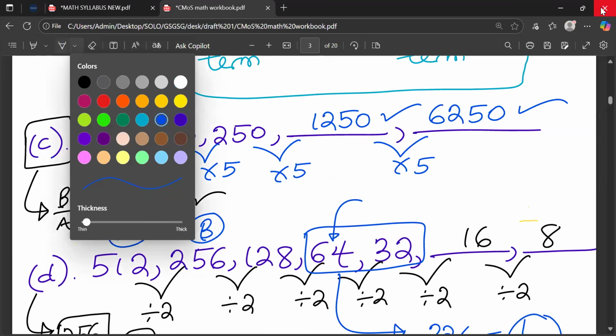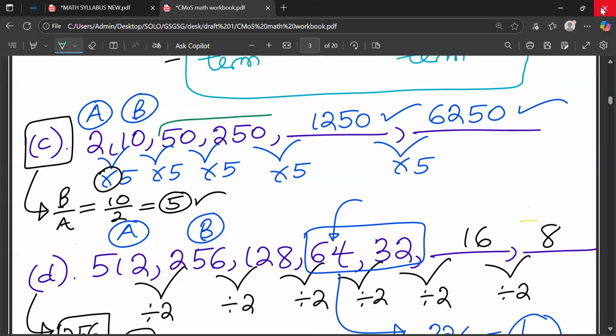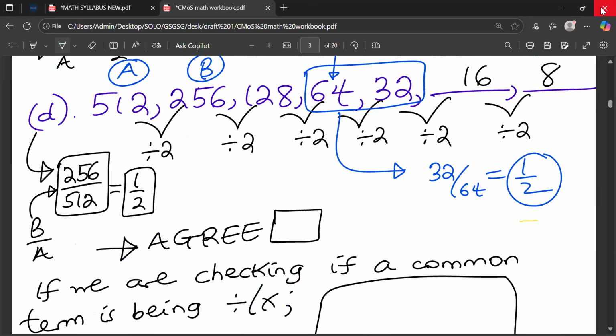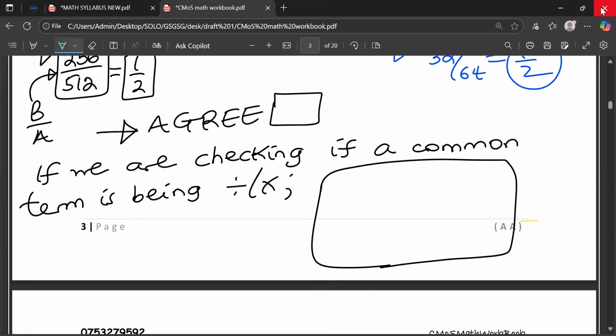Even when you're dealing with these ones, you'll have to come and pick this out and be like, oh, let me check, 250 over 50, then you get a 5. Then you be like, oh, the 50 was multiplied by 5 to come up with this. Period. So we are supposed to get any term.